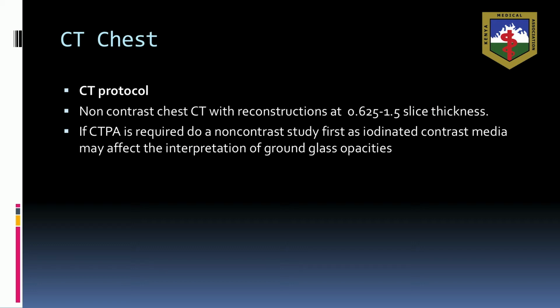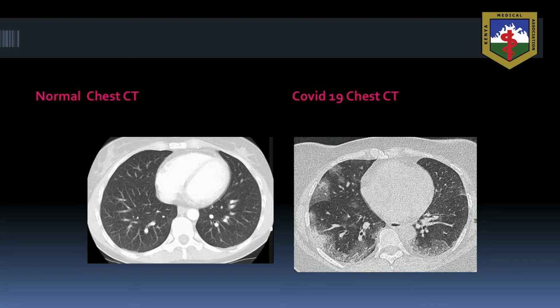Now, in this particular picture, you can see the difference between a normal CT chest and a COVID-19 chest CT. On the left, the lung is clear, the vascular markings are actually quite all right, and then compare it with the right. In the right, you start seeing ground glass opacification. That's what appears as haziness.